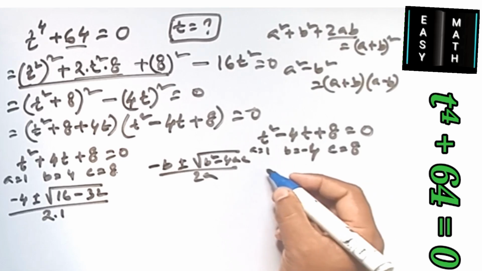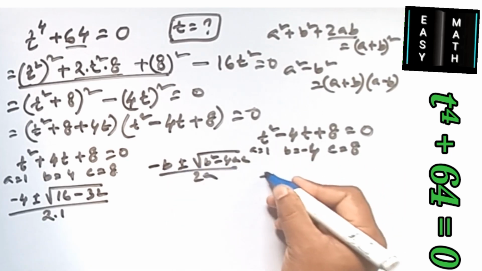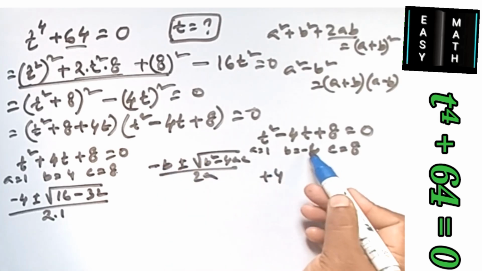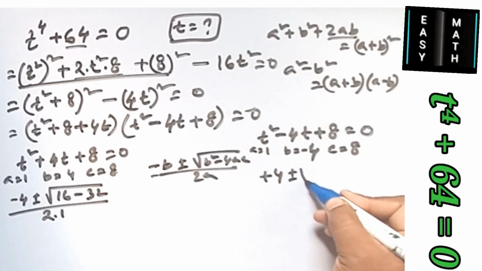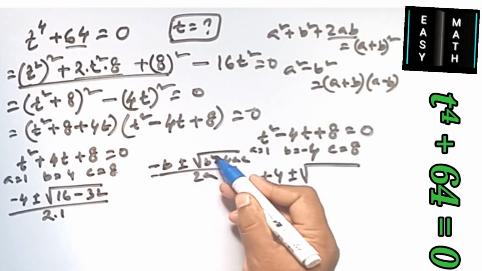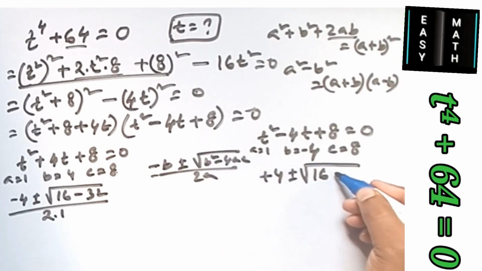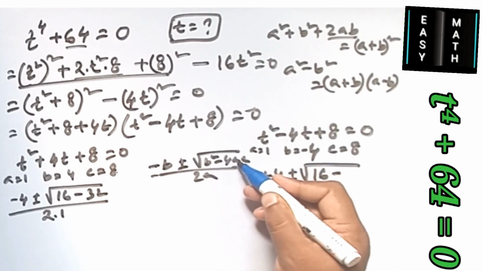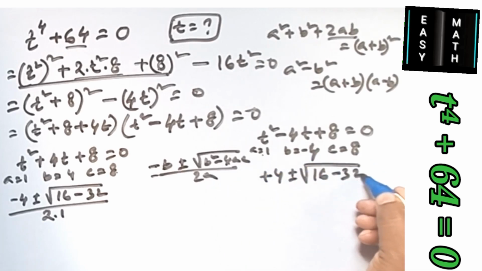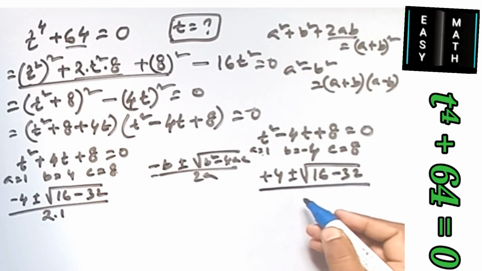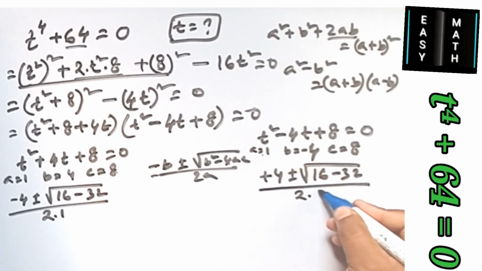So here we can write similarly, this is minus of minus 4, so minus minus is plus, plus minus root of minus 4 square, so minus 4 square is 16, and 4 into a is 1 and c is 8, so 4 into 8 is 32. So divided by 2 into 1.